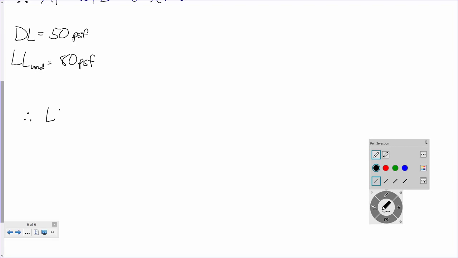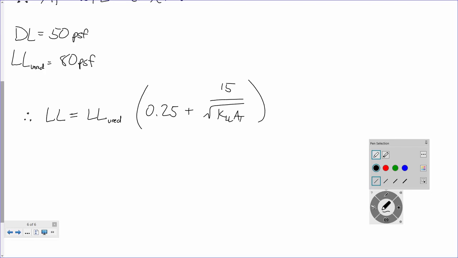Speaking of reducing live load, it would be the original live load times 0.25 plus 15 over square root of K LL AT. And again, this is one of those empirical relationships. You cannot derive this. It just fits the test data, fits the observations.